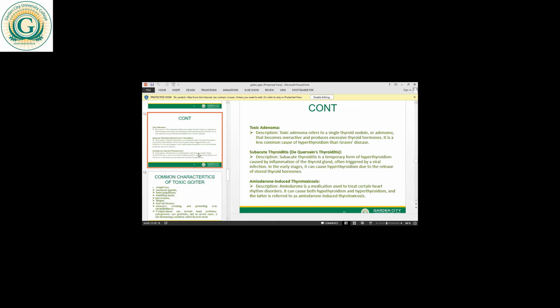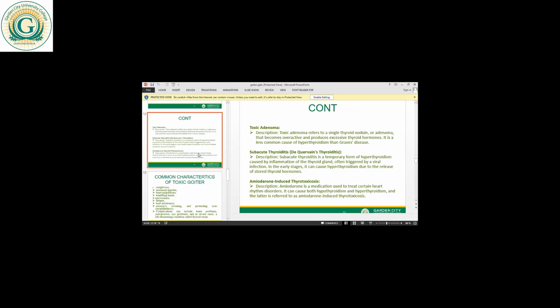Okay, so we have toxic adenoma as another type of toxic goiter. This refers to a single thyroid nodule or adenoma that has become overactive and produces excessive thyroid hormones. It is a less common cause of hyperthyroidism than Graves' disease.